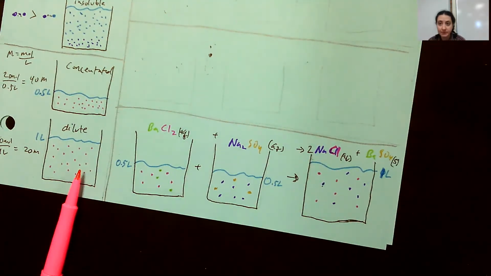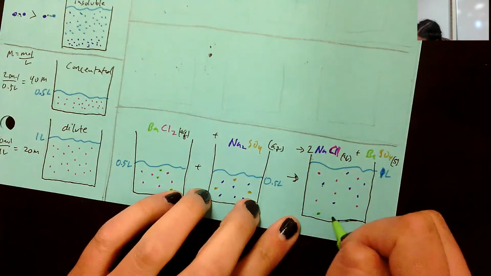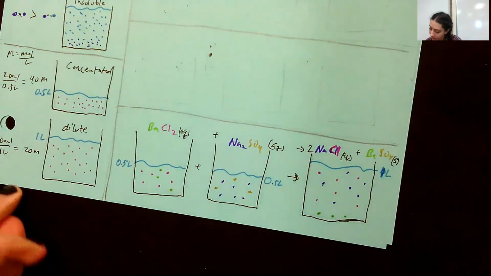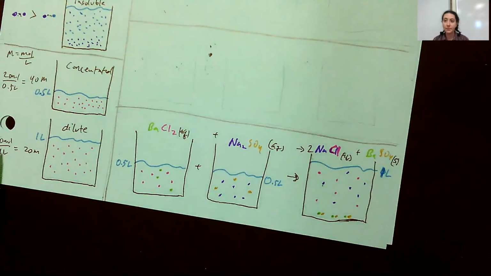But the bell's ringing. Hold on a second. The barium and the sulfate are not going to dissolve. They're going to precipitate out at the bottom. So there's that. Okay.